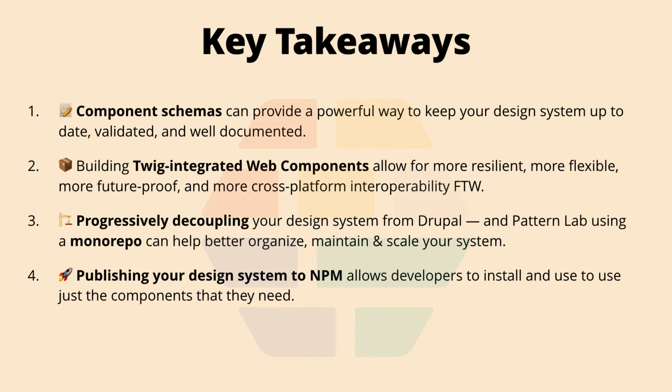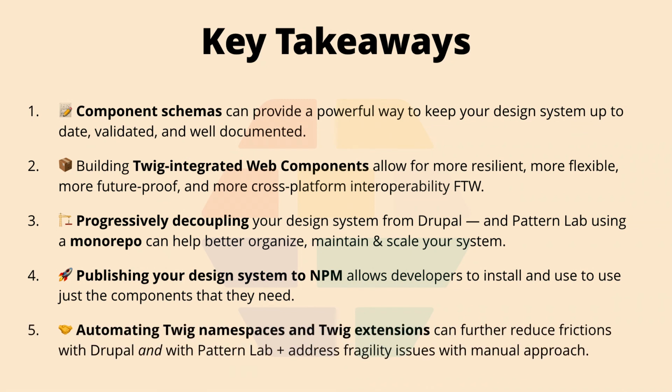You do that through publishing to NPM, which is not the typical Drupal way, but coming up with a way to actually automate that last step. You've published it to NPM. Now how do you pull it into Drupal and make everybody's lives a heck of a lot easier?